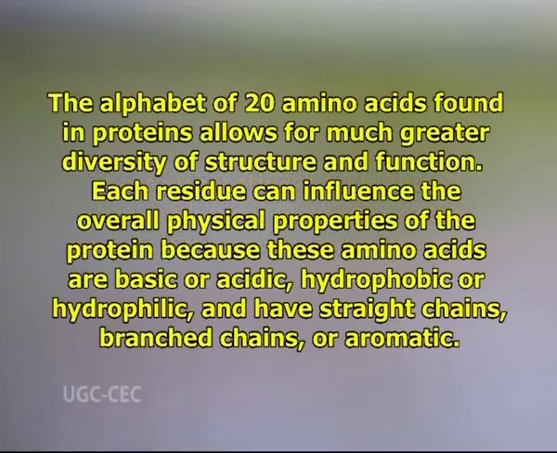The alphabet of 20 amino acids found in proteins allows for much greater diversity of structure and function. Each residue can influence the overall physical properties of the protein because these amino acids are basic or acidic, hydrophobic or hydrophilic, and have straight chains, branched chains, or aromatic.